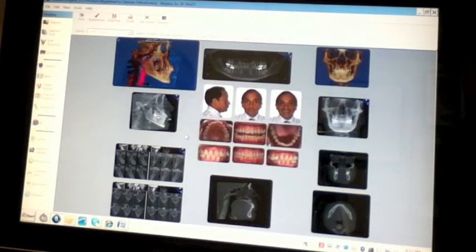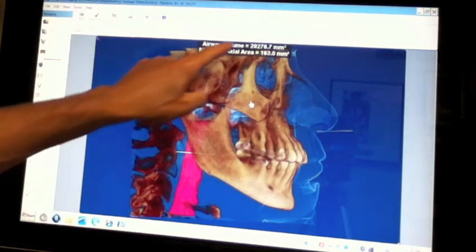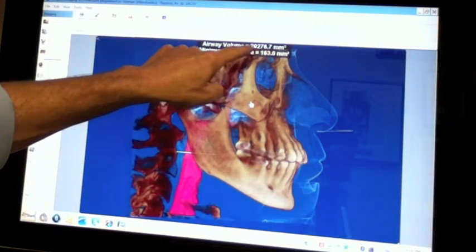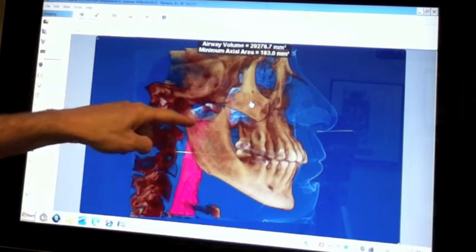After reviewing all of the 3D images and slices, we then review the static images. Looking at the airway picture, you'll see two measurements. The measurement on the top is the total airway volume, which measures all of the airway.